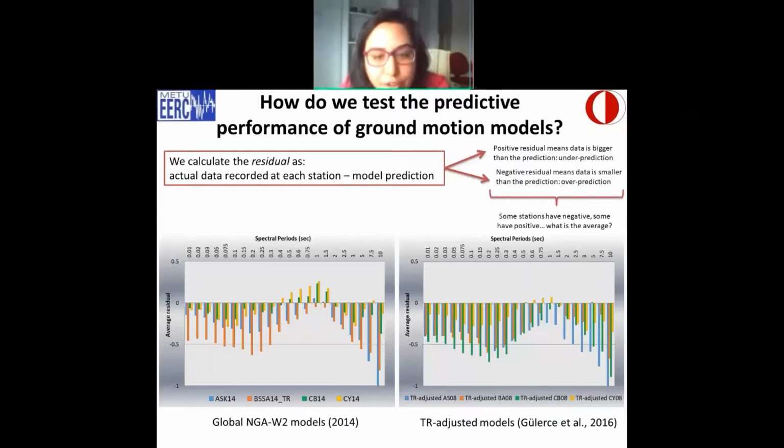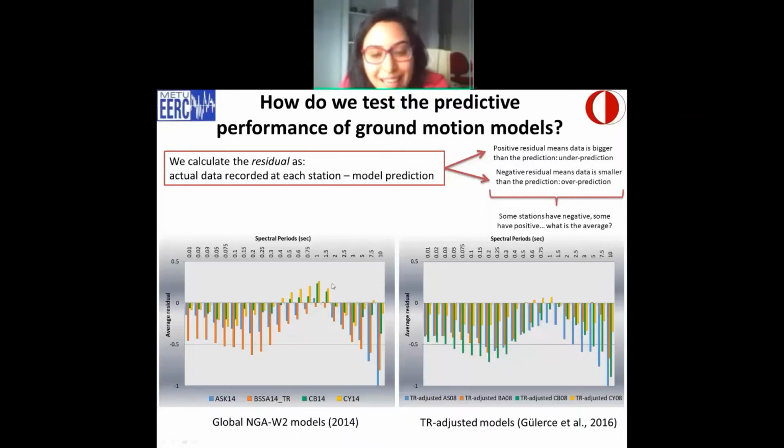As you can see, the average residuals are generally negative, which means that the ground motion models over-predict this earthquake, especially at shorter periods, up to 0.4 or 0.5 seconds. But the picture is different at longer spectral periods, especially after 0.75 seconds up to 2 seconds.